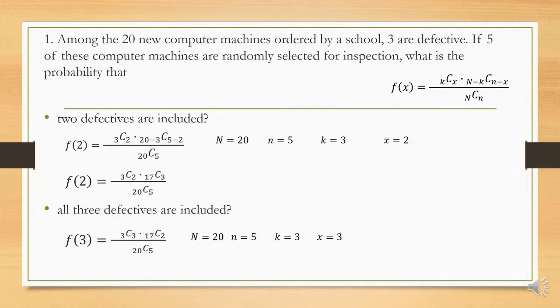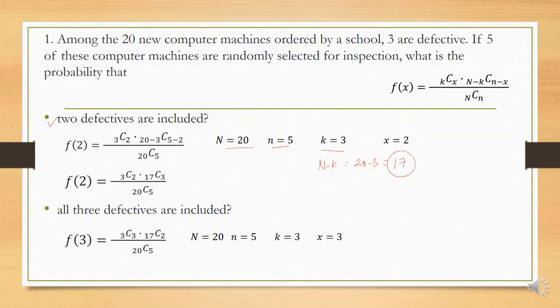Using the formula, so, kung 2 defectives are included, meaning, ang n natin na malaki ay 20 lagi, ang n na maliit ay 5 lagi, ang ating defective items are 3, okay? Meaning, yung n minus k natin na 20 minus 3 ay yung 17.